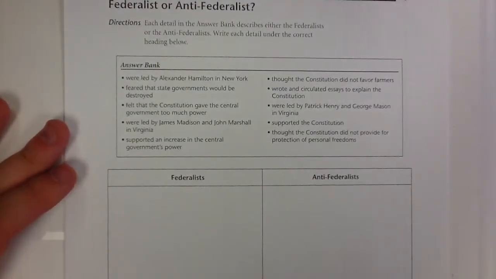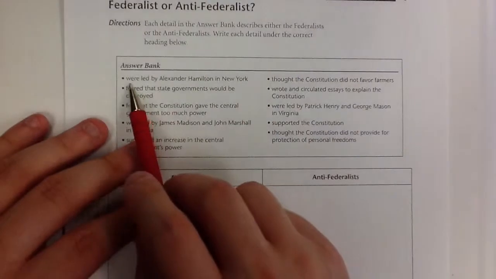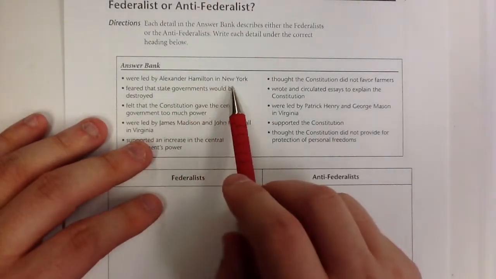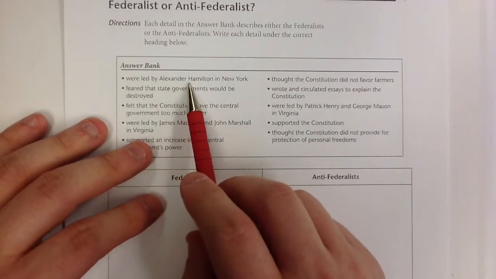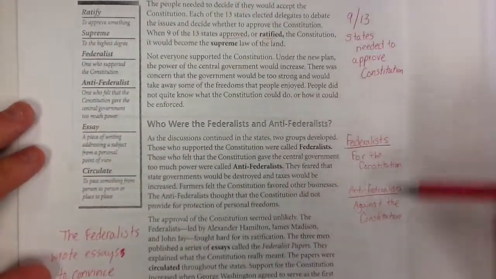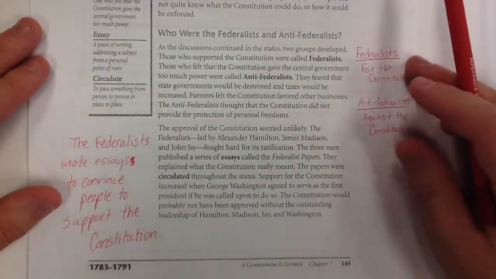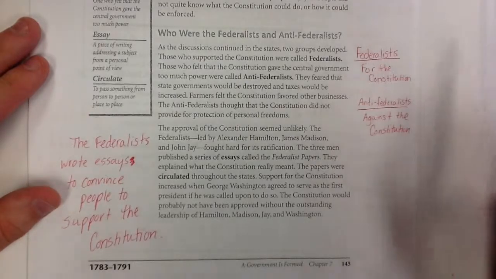So here are the steps I want you to do. The first thing I want you to do is to read the statement. We're led by Alexander Hamilton in New York. So you go back to your text, which we did on Friday, has our notes, and we search through to find out which side was led by Alexander Hamilton.